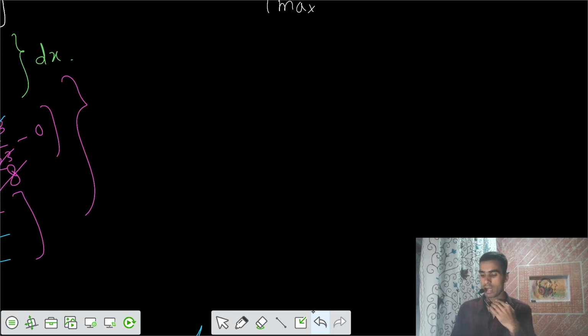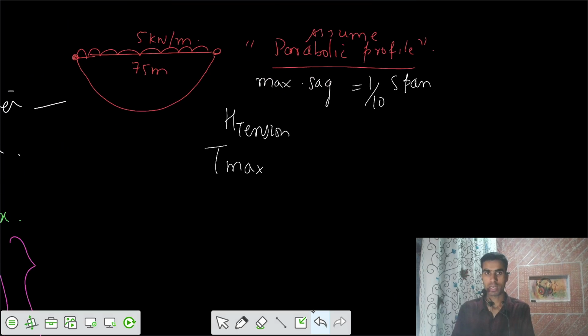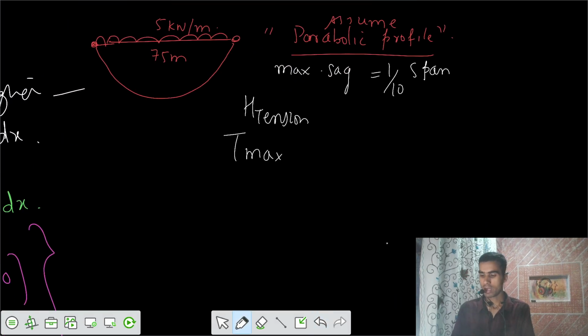So let's have the first problem, about the symmetric profile. We have a parabolic profile. It says that the load is applied with an intensity of 5 kilonewton per meter and a horizontal span of 75 meter.